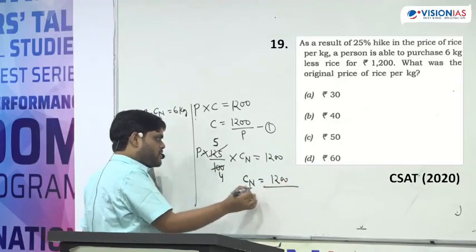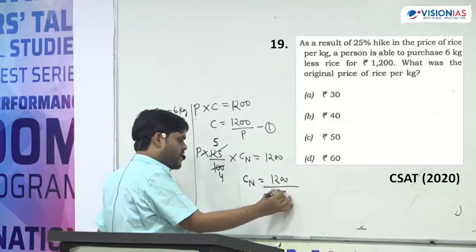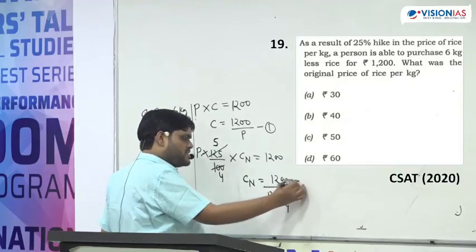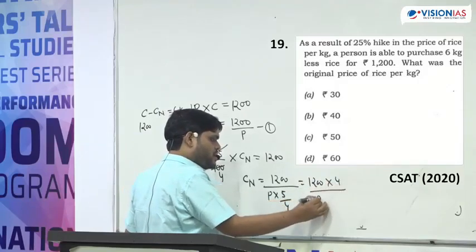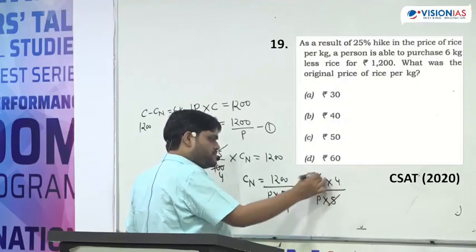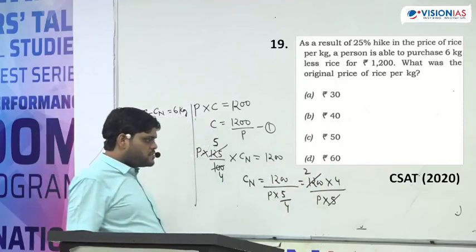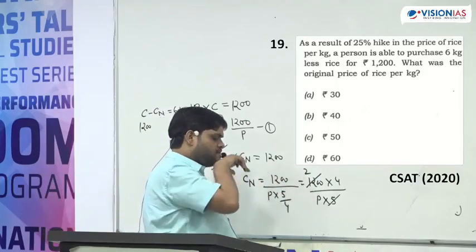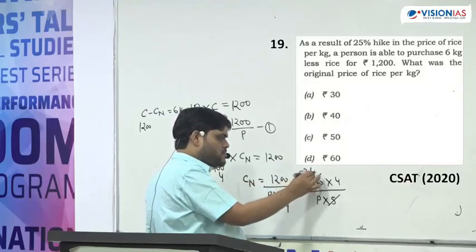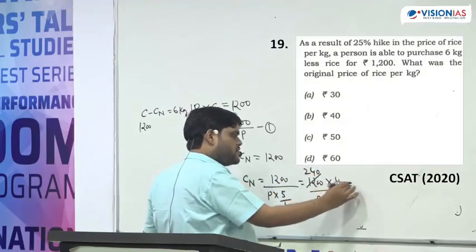Cn is 1200 upon P into 5 upon 4, and this will come as 1200 into 4 upon P into 5. 5 2s are 10, 240.